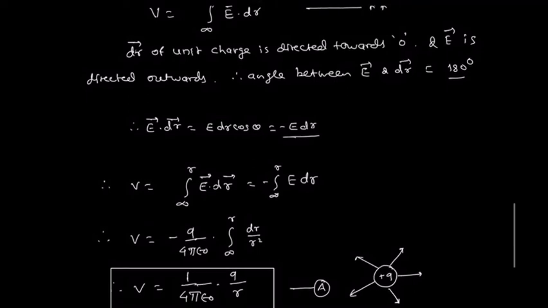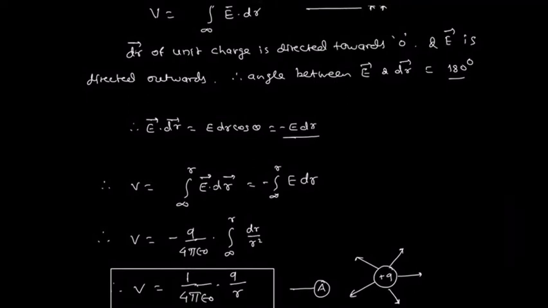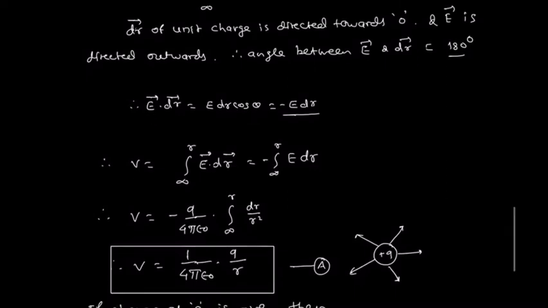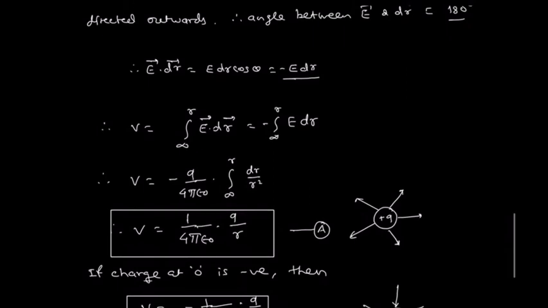When we get that equation, the point charge at O is positive. And if the point charge at O is negative, then what happens?